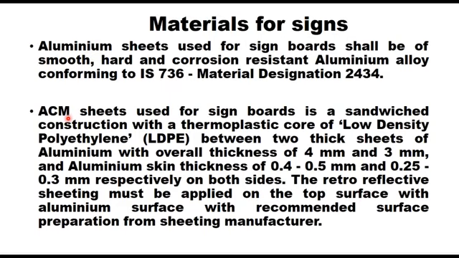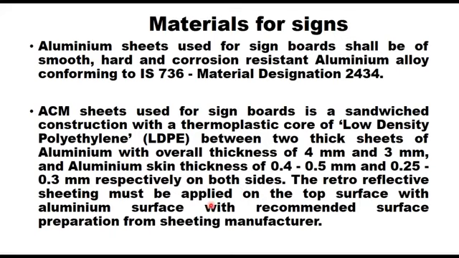And this aluminum composite material sheets used for signboards is a sandwiched construction with a thermoplastic core of low density polythene, that is LDPE, between two thick sheets of aluminum with overall thickness of 4 mm and 3 mm and aluminum skin thickness of 0.5 mm and 0.25 to 0.3 mm respectively on both sides.